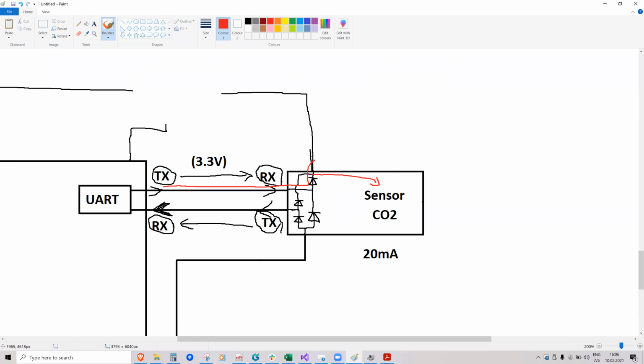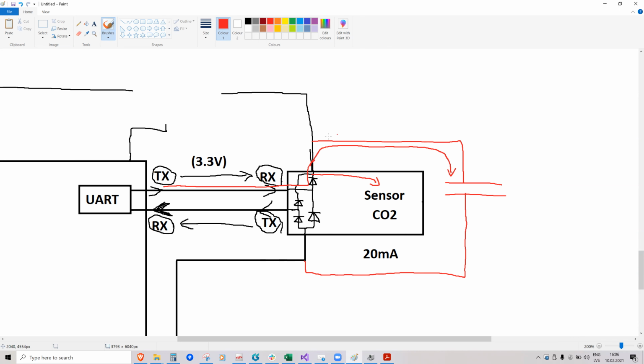Usually these sensors also have a capacitor. All chips have some noise reduction capacitor between power supply and ground. So through the TX line, you charge through this protection diode the sensor's decoupling noise reduction capacitor.